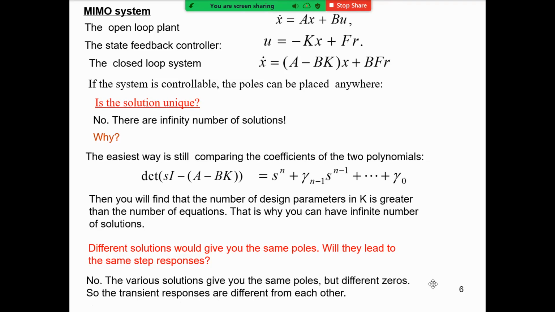Definitely, different solutions will give you the same poles, but will have different zeros. Okay. So therefore, when you solve the pole placement problem, it's not only the desired poles that matter, it is also the pole placement method you are using that can have some impact on your final result. Okay.